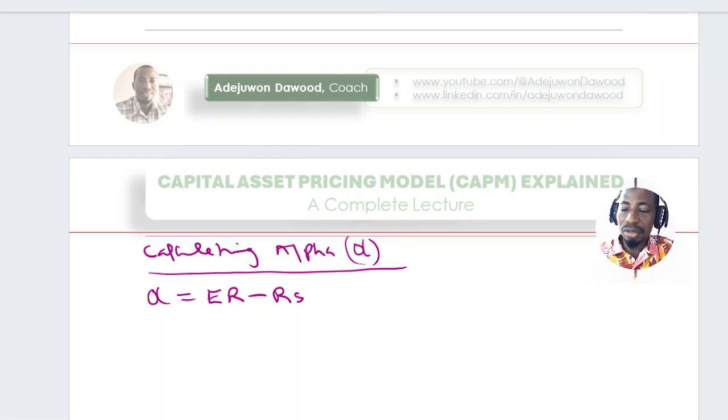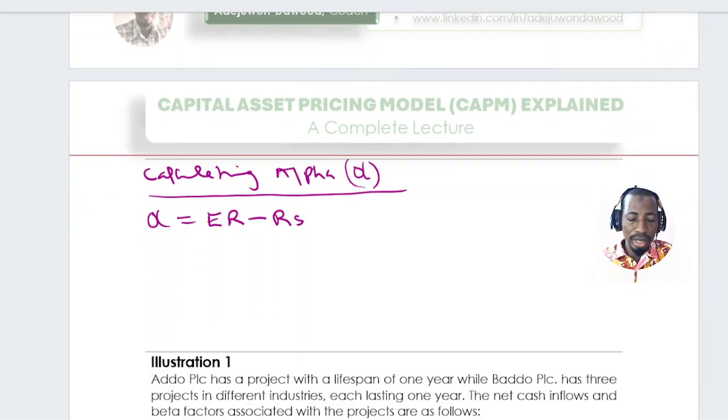Generally, the expected return will be given to you, but the required return will never be given. In most cases, the expected return will be given, but the required return will not be given. The required return is the CAPM. All right then, so how do you then compute the alpha?